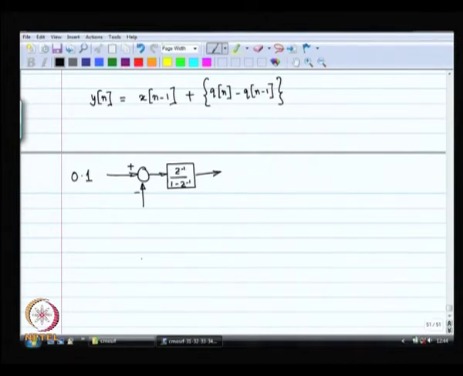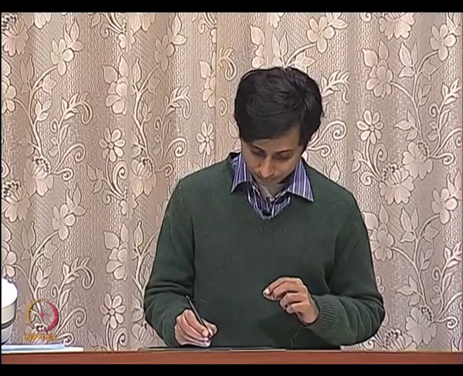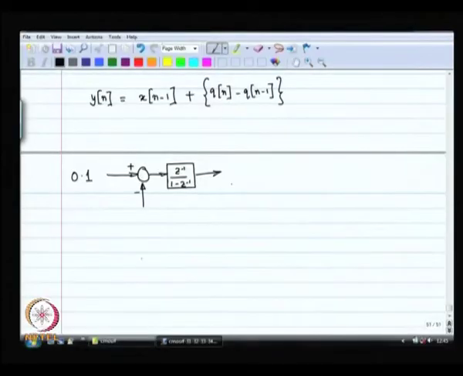So, here as the MSB selector part, all I am going to do is say whether the quantity is positive or negative, okay. Or let us say I quantize to plus minus 0.5. So, this quantizer output has two possible values, plus 0.5 and minus 0.5. Okay.